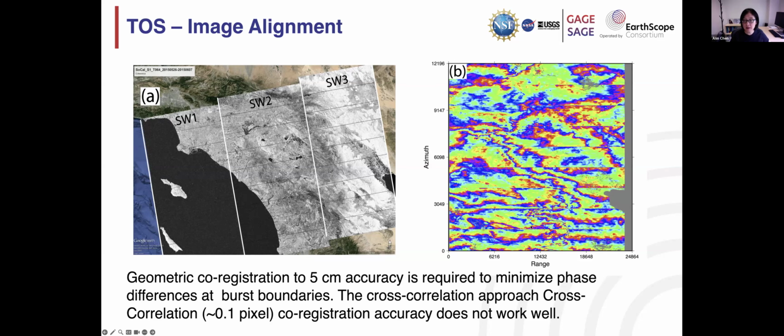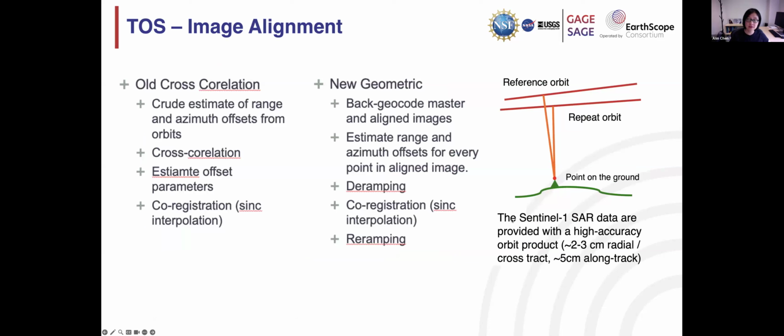Luckily, in most SAR processors, we abandoned the old cross correlation approach to do the image alignment, which was based on feature tracking and cross correlation.